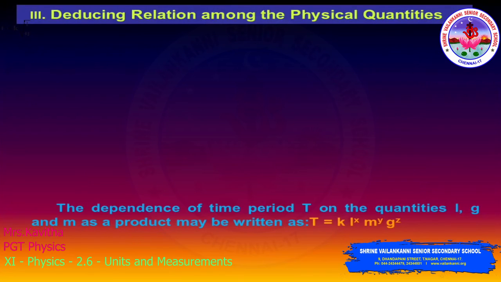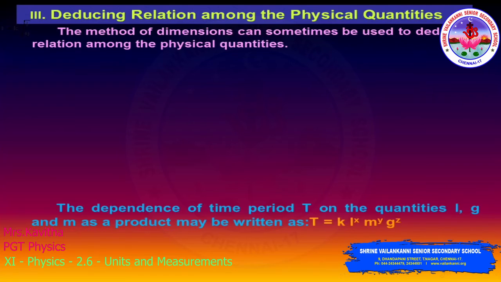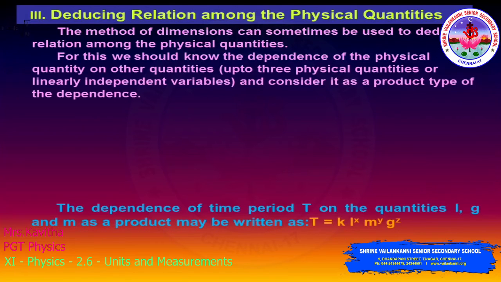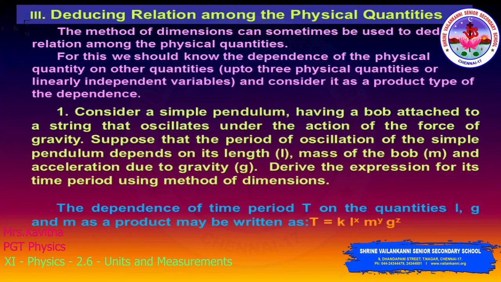Next is deducing relations among physical quantities. The method of dimensions can sometimes be used to deduce relations among physical quantities. For this, we should know the dependence of the physical quantity on other quantities and consider it as a product type of dependence.